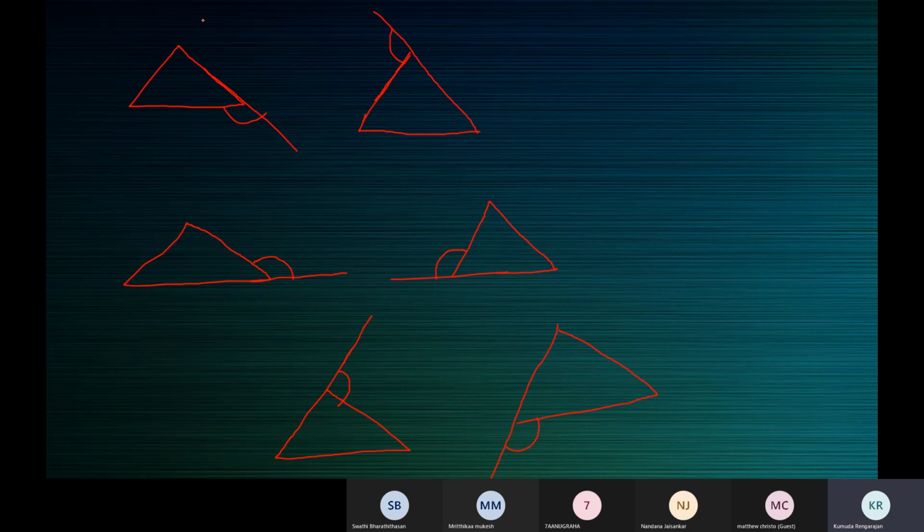In these representations, I'll just name the triangle ABC everywhere. You can see that every side can be pulled in two different ways.